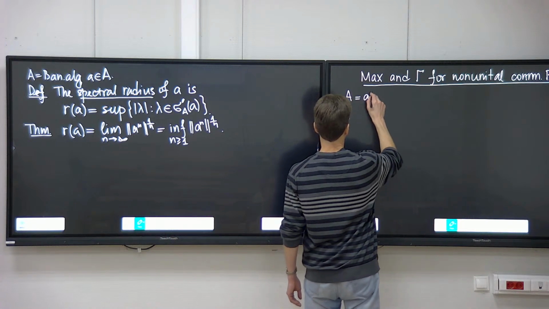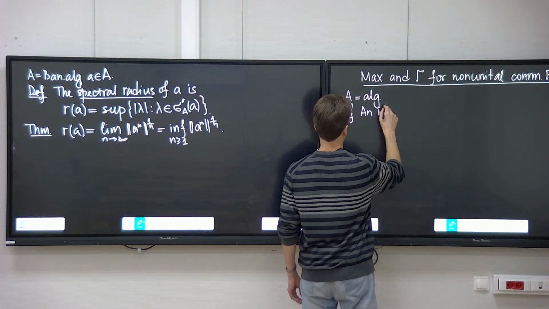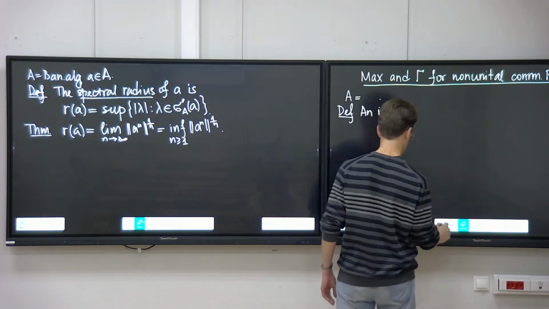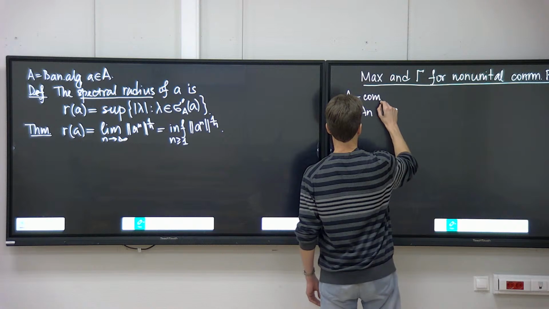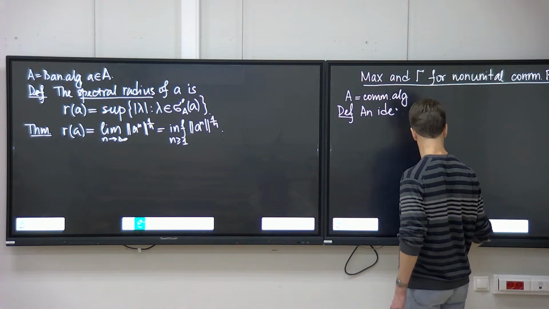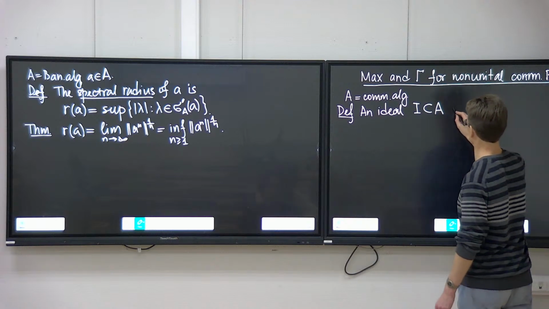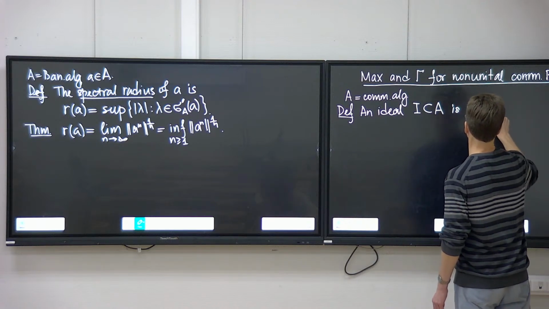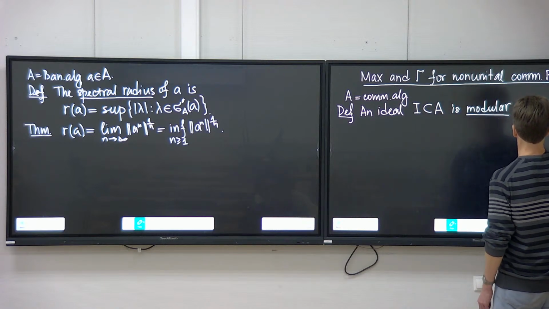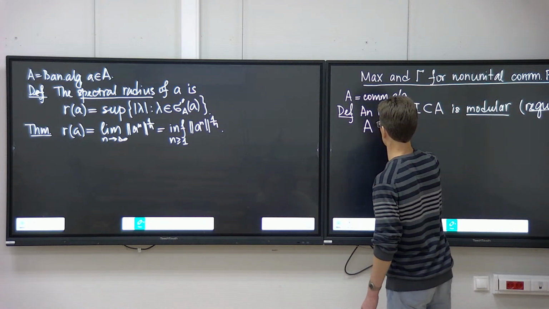So now A is a commutative algebra, and if we have an ideal I of A, we say that I is modular, or some people say regular, if the quotient of A modulo I is unital.